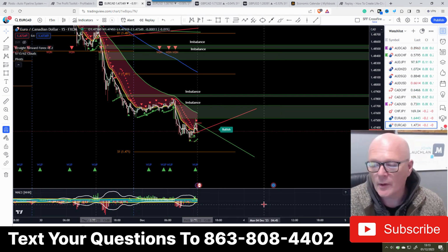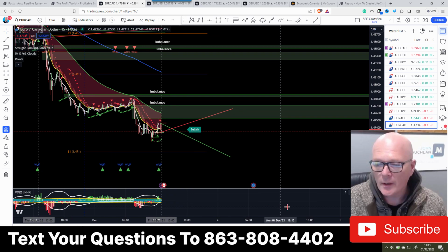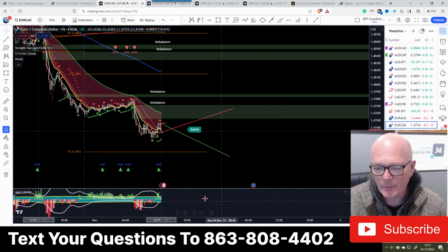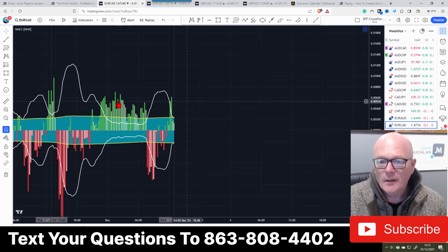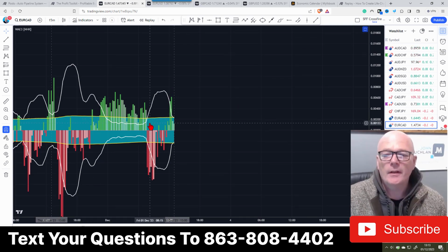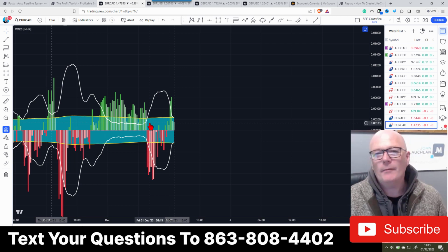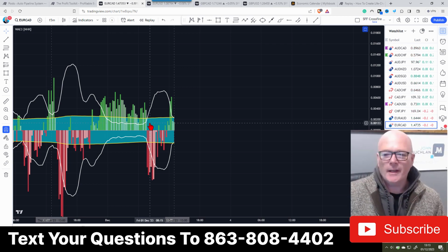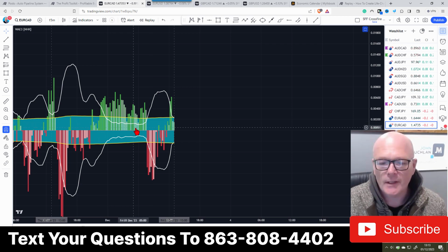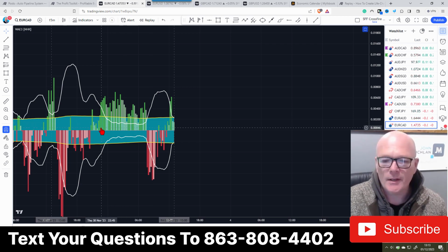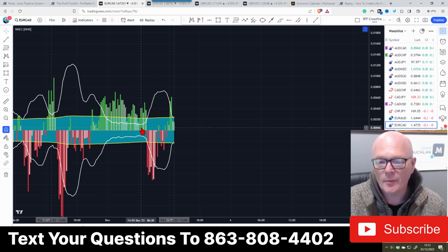And down here I've got the Waddah Attar. Let me make it a bit bigger for you. The histogram tells us the volume, and with every lagging indicator, nothing's going to predict anything, so you have to weigh up many different factors. The histogram tells you the strength at the time of the price.